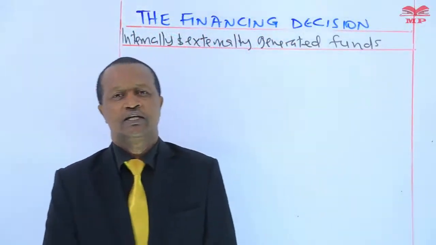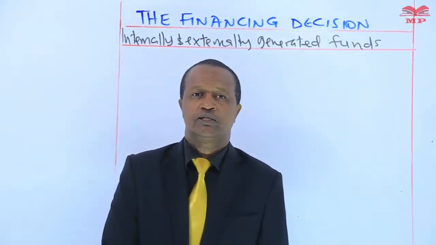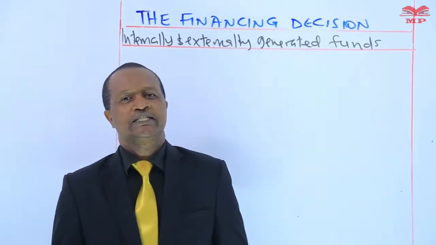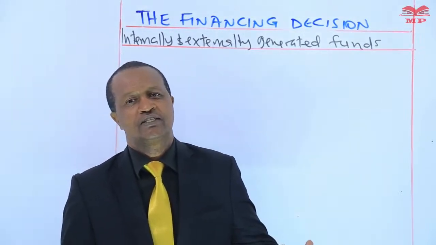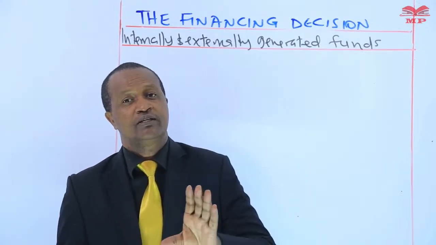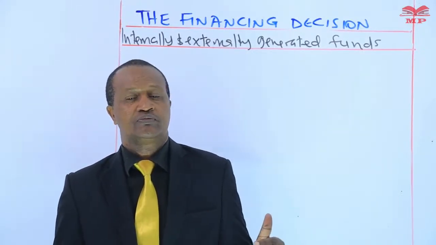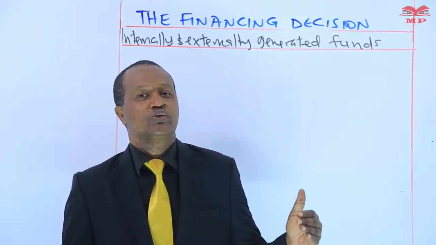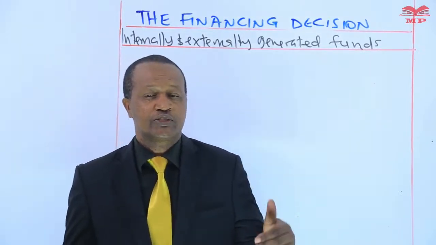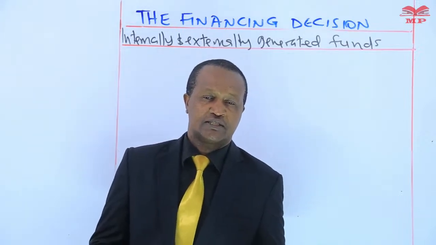Greetings, candidates, and welcome to the lesson. We are going to study the internally generated funds and the externally generated funds under the topic, the financing decision. These are two broad categories of financing sources for enterprises.